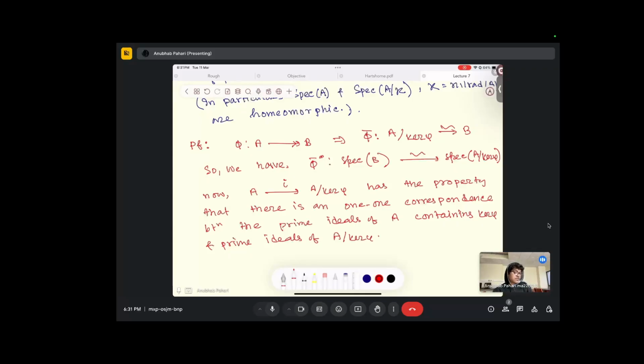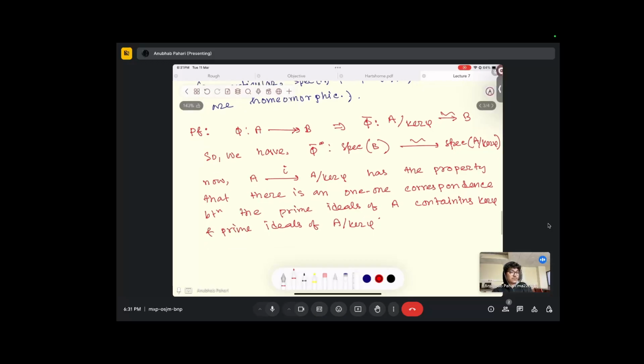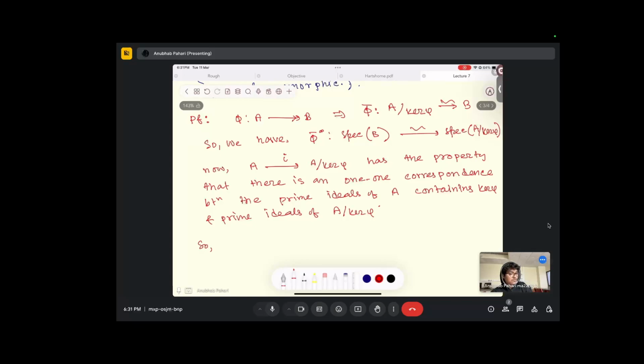This is true for all ideals, but since we need only prime ideals, I just wrote it this way. So Spec of A by ker phi is isomorphic to V of ker phi, which is a subset of Spec A.